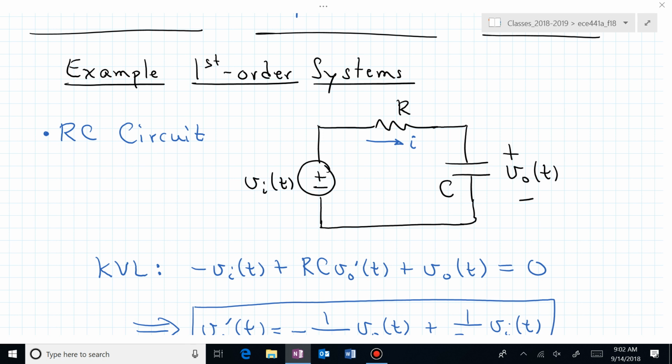You're essentially writing a KVL equation and simply using the fact that ICE is involved, whatever that means. No, ELI the ICE man. So what I'm saying here is i_C(t) is related to the voltage across that capacitor by scaling it by a scale factor equaling the capacitance and differentiating the voltage across that capacitor.